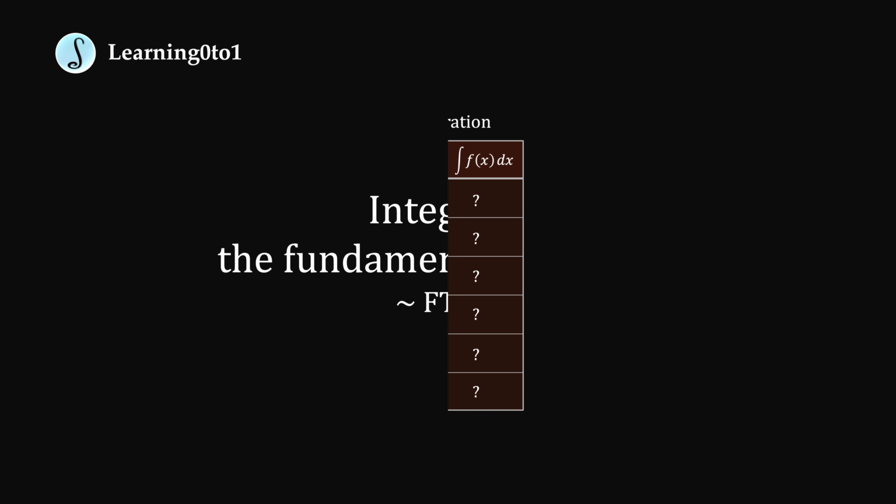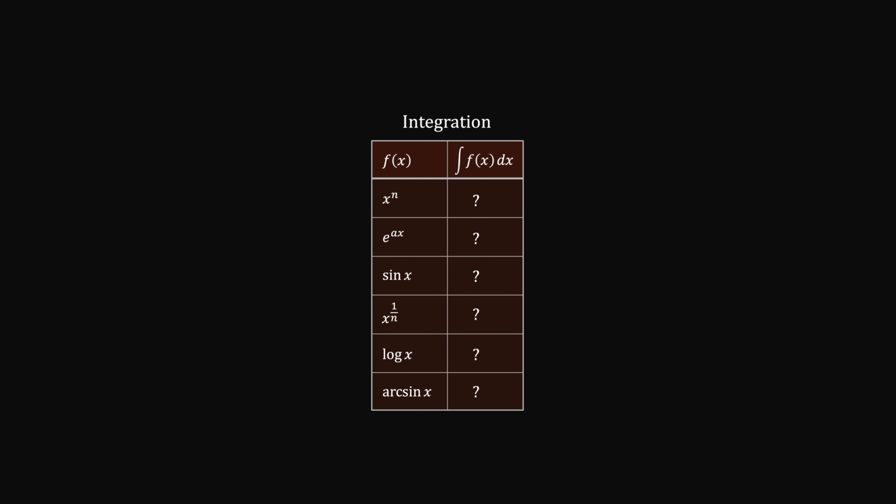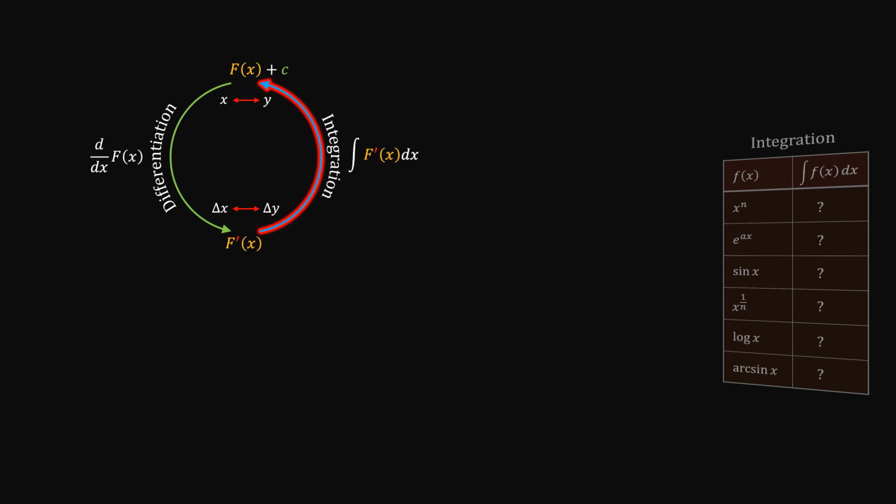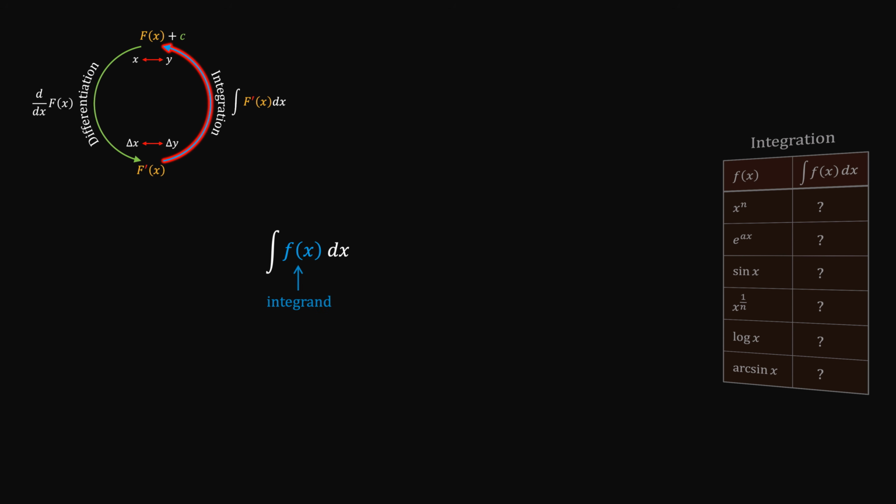In this section, we will talk about how to integrate these fundamental functions. As we've mentioned last time, the fundamental theorem of calculus implies that if we want to integrate someone's derivative, we will get back that someone plus a constant. So, when integrating an integrand, if we can recognize it as someone's derivative, then the answer is that someone plus some constant.